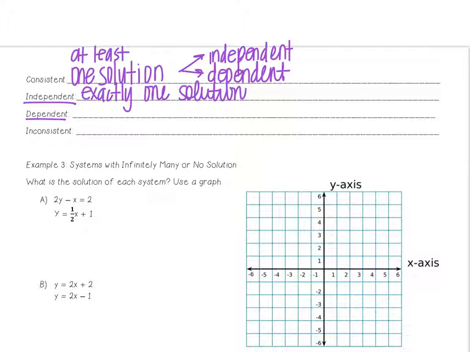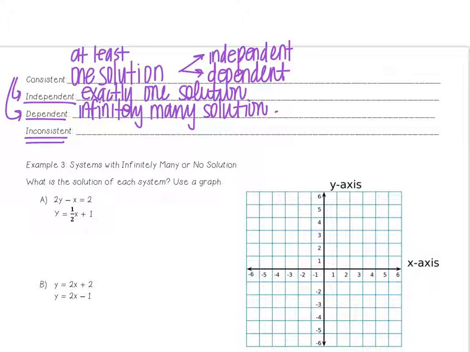A dependent system also falls under the consistent category, and it means it has infinitely many solutions because it's the same line. The lines lay on top of each other when you graph them. And then you also have the opportunity to have an inconsistent system, which has no solution because they don't cross.